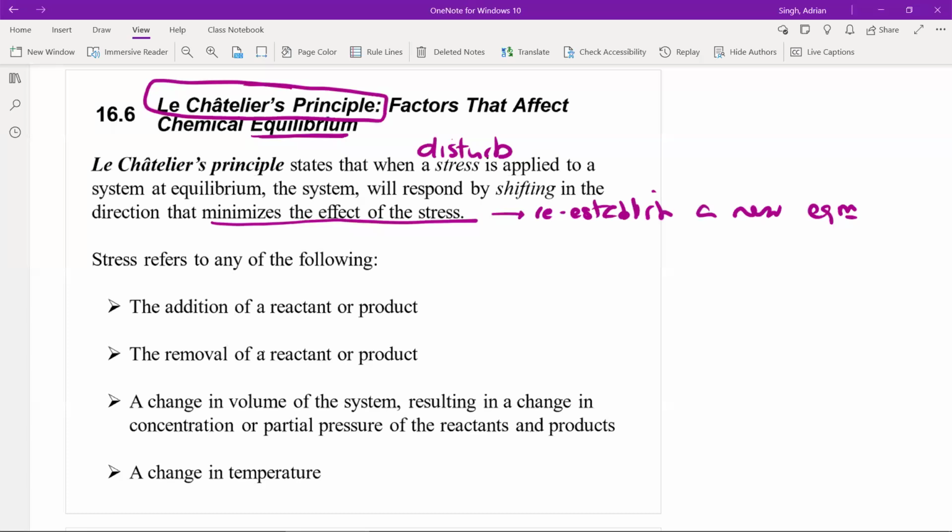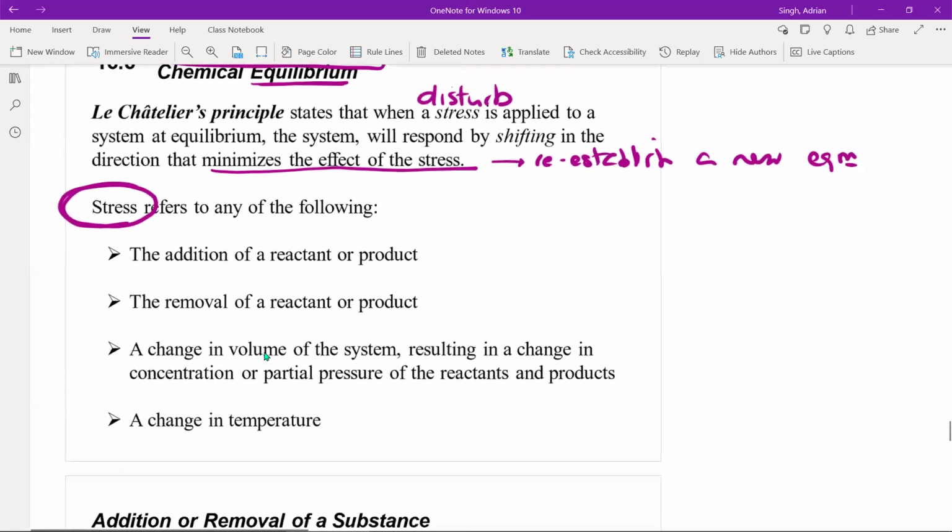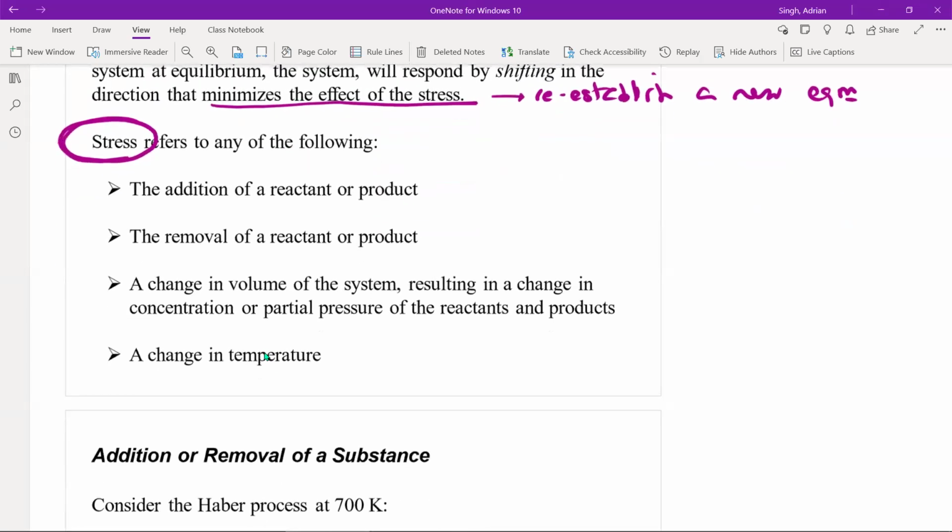So it's the same idea applied on a micro scale to chemical reactions. We're going to start off with the system at equilibrium, and then we're going to apply a stress to the system, and that stress can be any of the following. So we can add a reactant or a product.